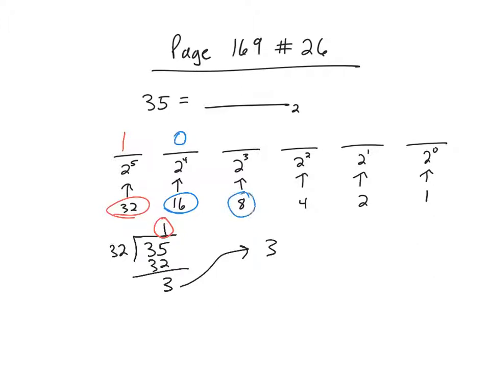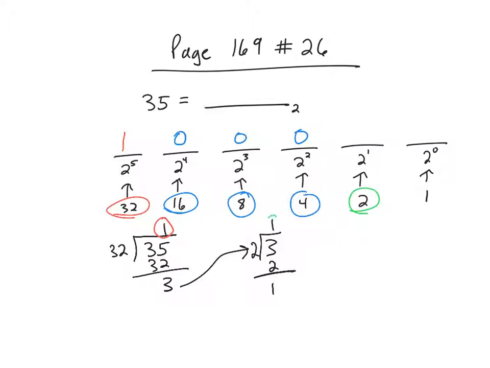I don't have any 8s. I can't get an 8 out of 3, so that's a 0. I can't get a 4 out of 3, so that's a 0. But I can get a 2 out of that 3. So I'm going to divide by 2, and I get 1 for my remainder and 1 for the number of times that 2 goes in there.